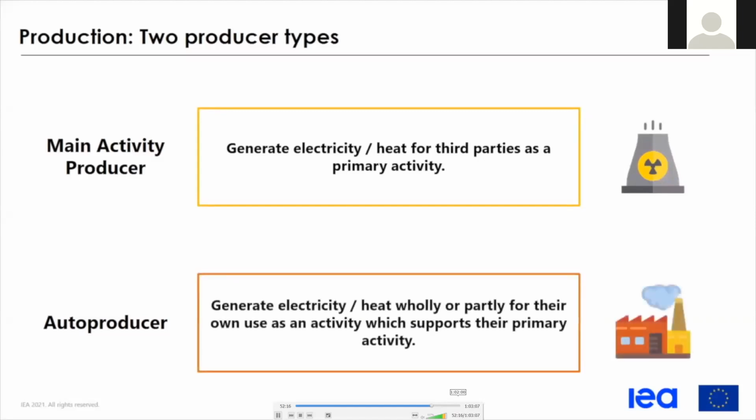And then we have the auto producers. Auto producers generate electricity and heat as a secondary or byproduct of their own activities. Let's say, for example, a windmill that will generate a little bit of electricity from its activity. It can sell this electricity to the grid without this being its main source of income.